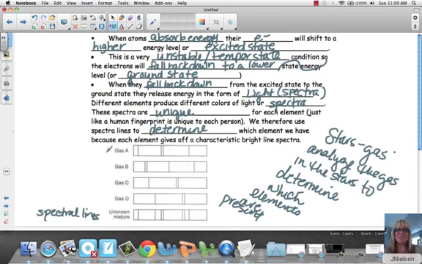So you can see that gas A is definitely present because all of its spectral lines match up. Gas B is not present because these lines are not here. Gas C is not present, but gas D is present. So we know that gas A and gas D are in the unknown mixture.